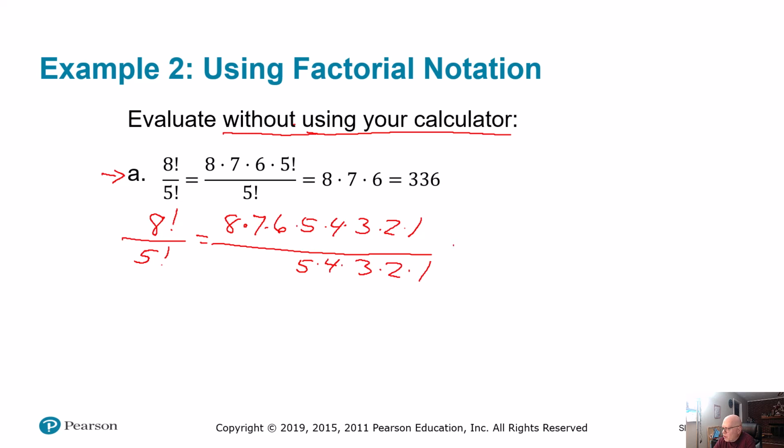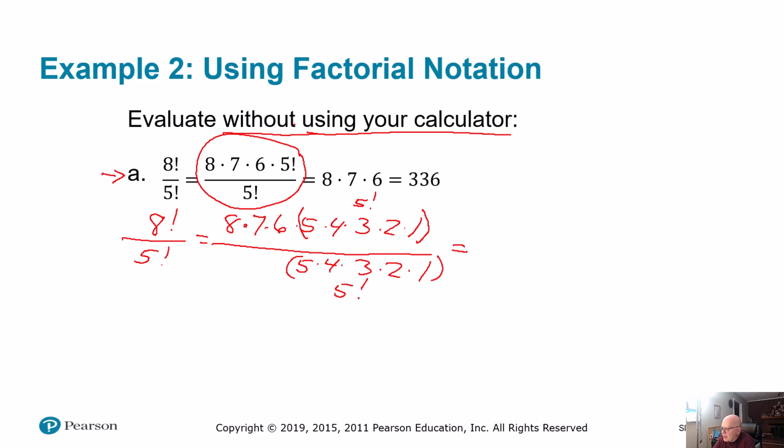Now I'm going to rewrite this, although we wouldn't need to. But notice the 5's cancel, the 4's, the 3's, the 2's, and the 1's. That's why it's written like this. If you take the last 5 on the top, that's the same thing as 5 factorial, and on the bottom, this is 5 factorial.